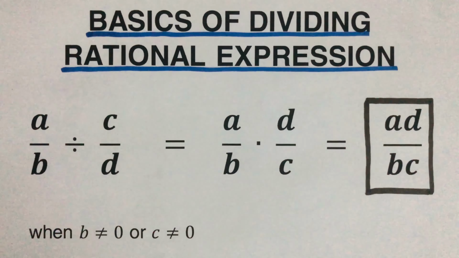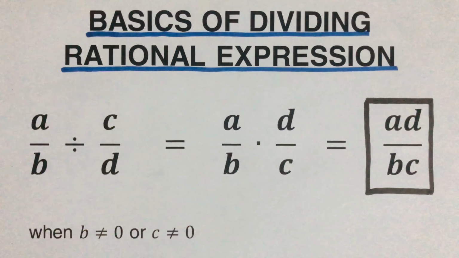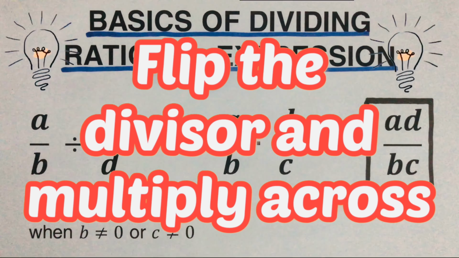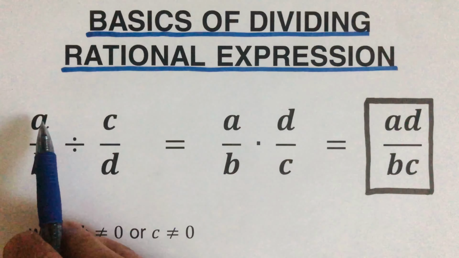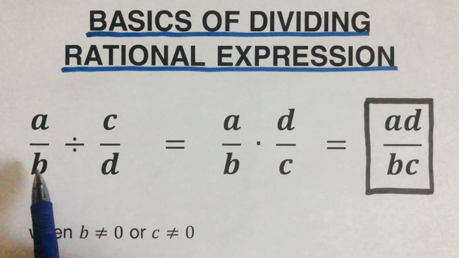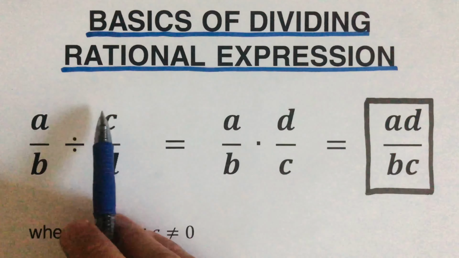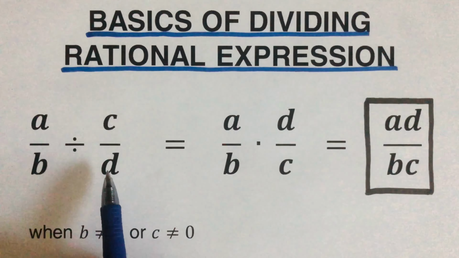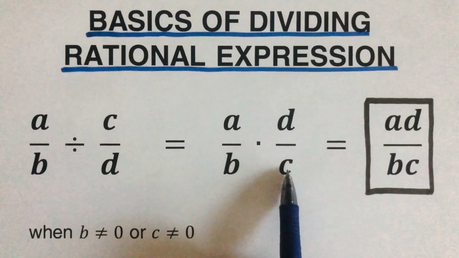Please remember that in dividing rational expressions, it's pretty much just like dividing fractions. What we do is we flip the divisor and multiply across. So in this case, if we have the rational expression a over b divided by c over d, then the c over d fraction is our divisor, and we are supposed to flip this around so that d becomes the numerator and c becomes the denominator.